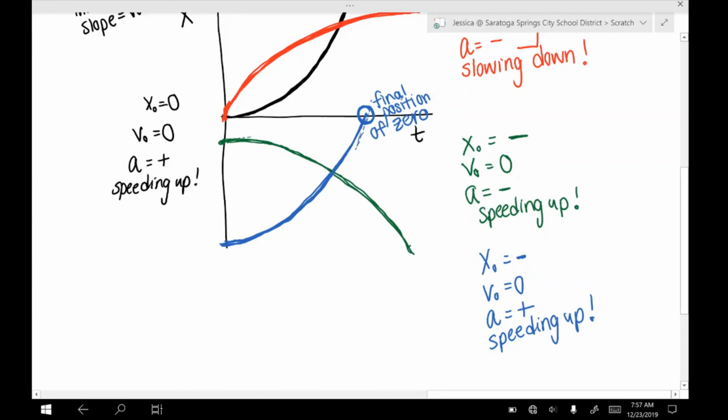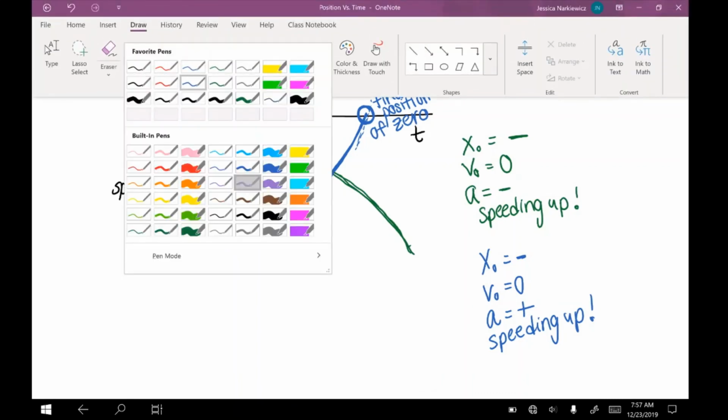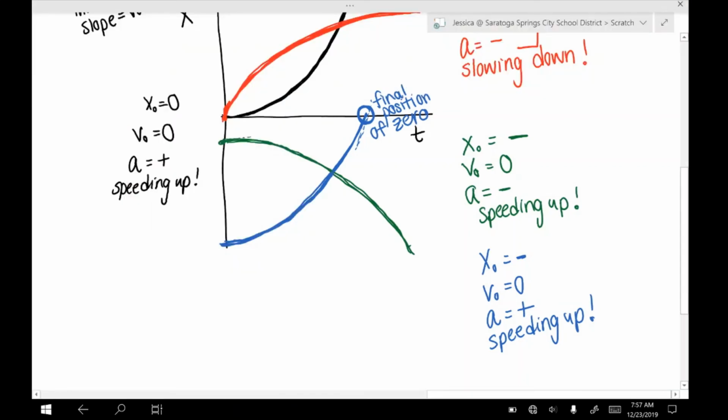Okay. Let's do one more graph. Purple sounds good. One more graph that we might have is one that looks like that. That purple graph has an initial starting position of 0. It has an initial velocity that is negative because that has a negative slope right there.